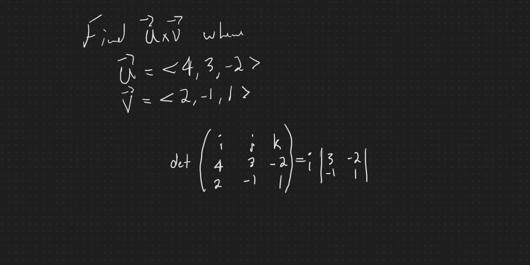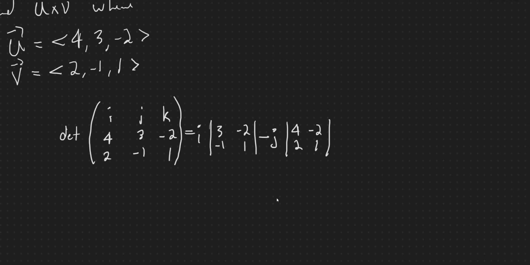Then the j entry: because it's row 1, column 2, 1 plus 2 is odd, this gets a negative, so this is minus j times the determinant of what's left over when I remove the first row and second column. So I get 4, -2, 2, 1. And lastly, k, row 1, column 3: 1 plus 3 is 4, that's even, so this is positive, plus k times the determinant of what's left over, 4, 3, 2, -1.